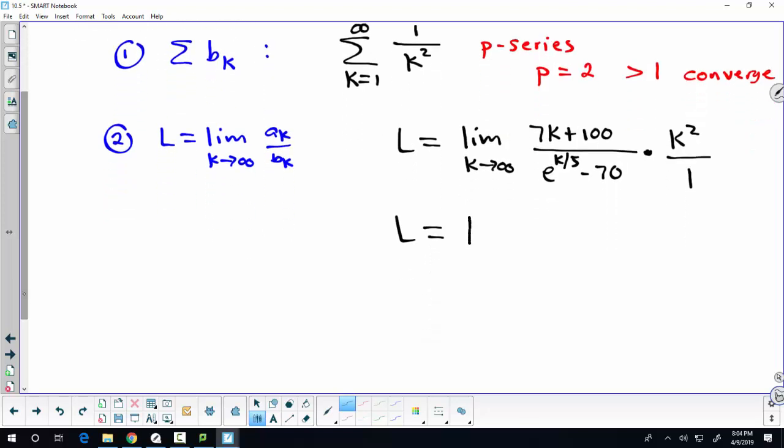Leading term up top. Leading term on bottom. And what does that limit approach? 0. How do we know? Yeah, exponentials grow faster than powers of k or x or whatever.